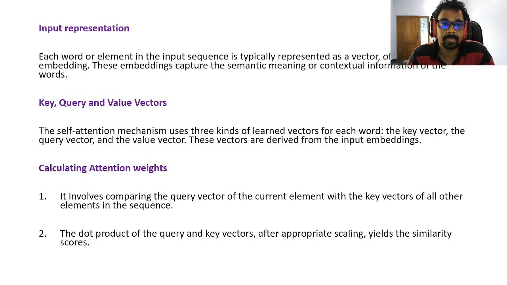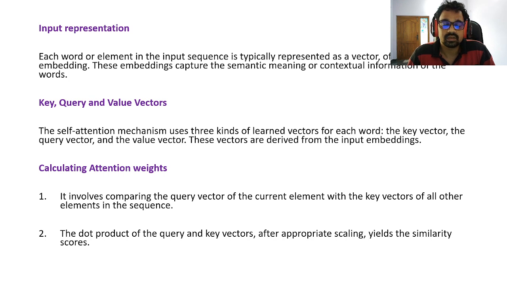Input representation: each input sentence will be converted into a numerical representation vector called embeddings. This will capture the semantic meaning or contextual information of the words. Next come the key, query, and value vectors.